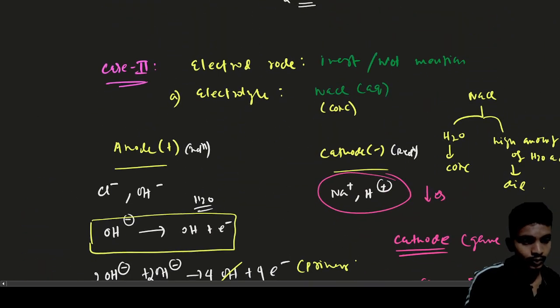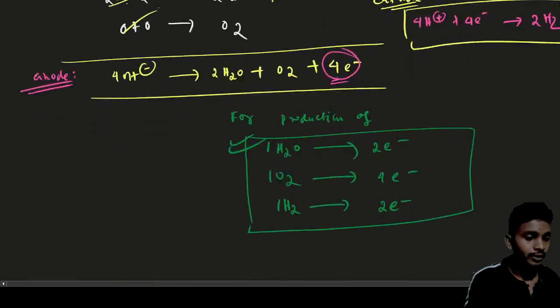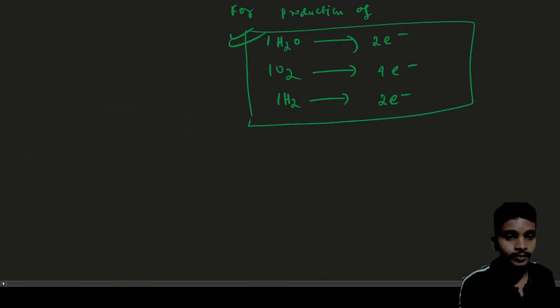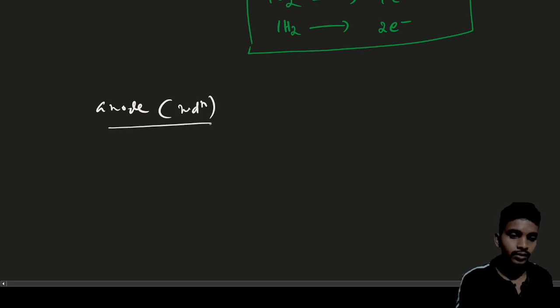So this was case 2 and A, where the electrolyte is concentrated, and if you add more water, then it becomes dilute. For that case, let's see what happens. Here is the anode, anode means oxidation, which is loss of electrons.